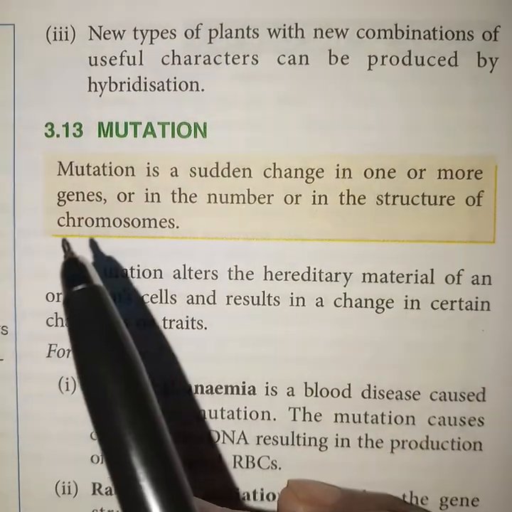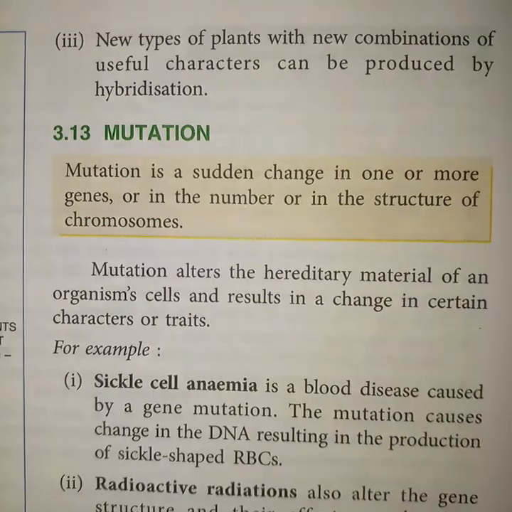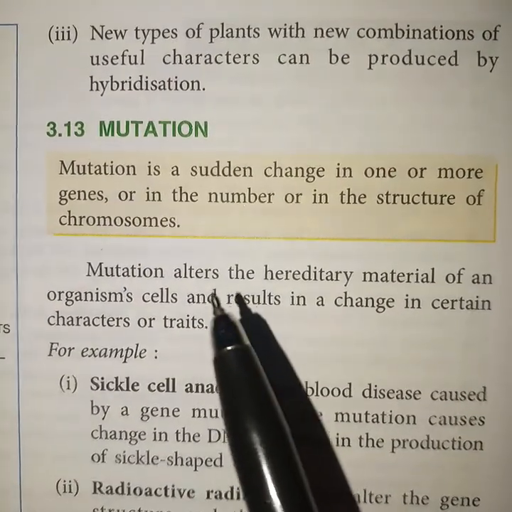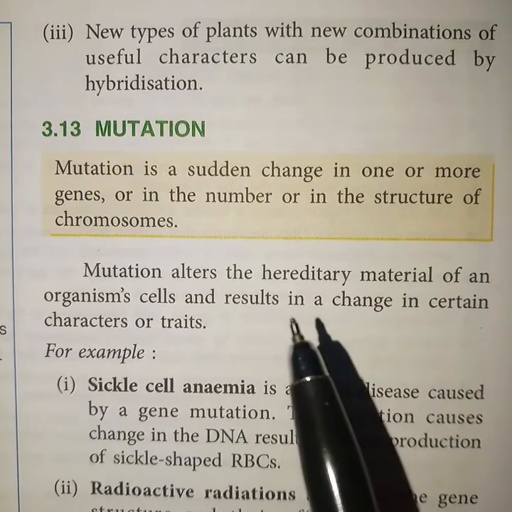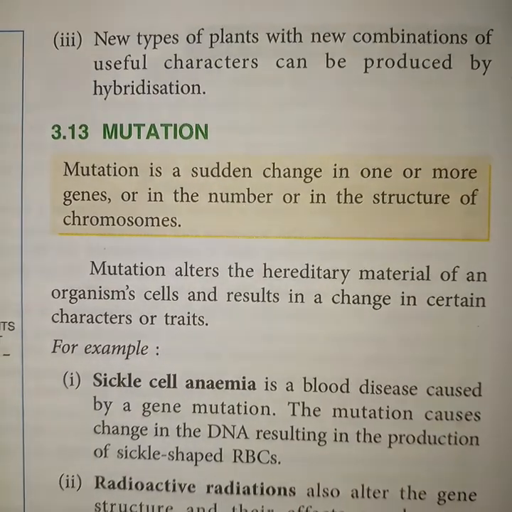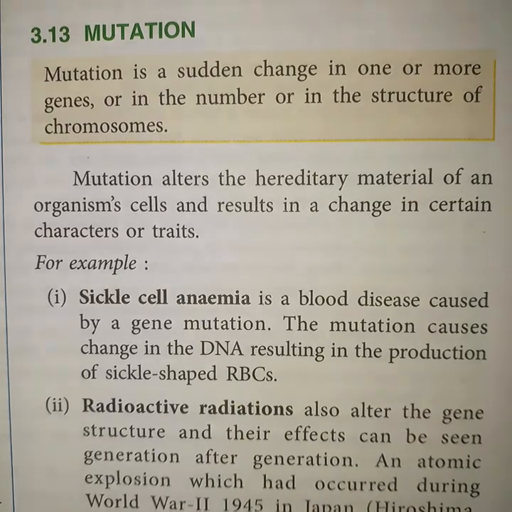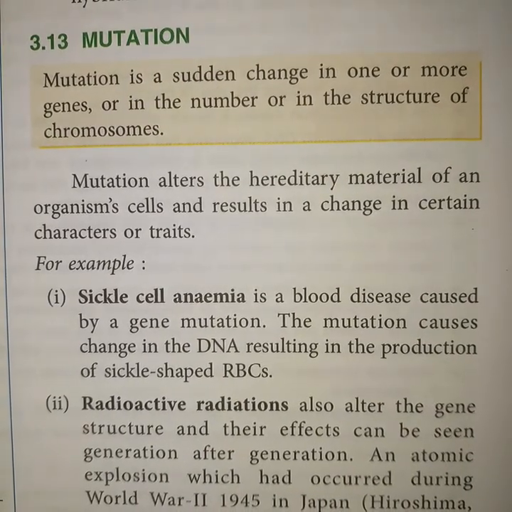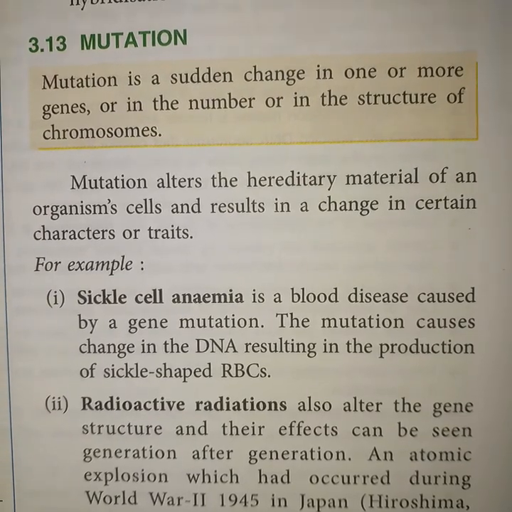So mutation is said to be a sudden change in one or more genes, or in the number or structure of chromosomes. Mutation alters the hereditary material of an organism's cell and results in a change in certain characters or traits. For example, sickle cell anemia is a blood disease caused by a gene mutation.